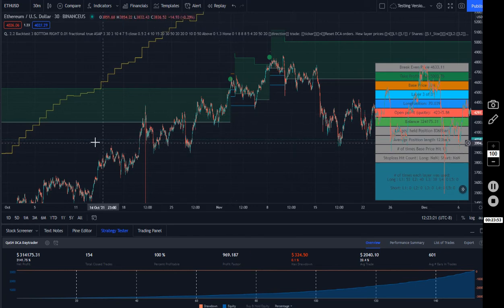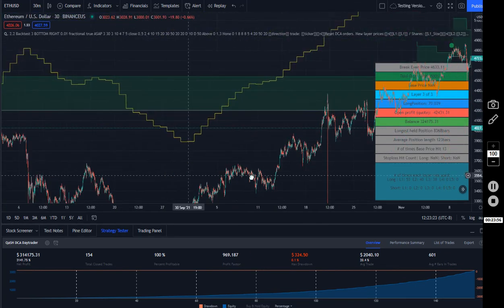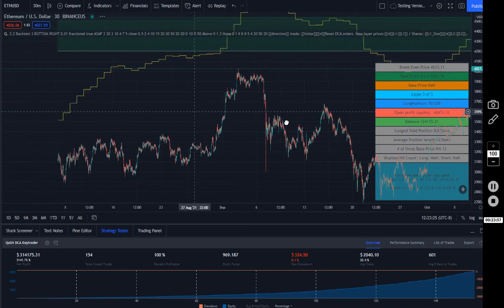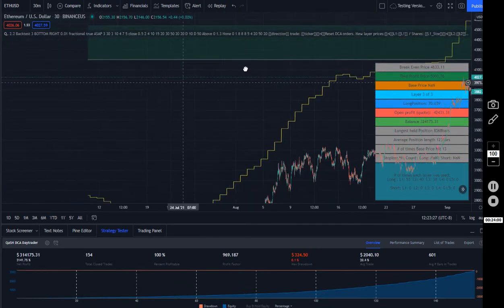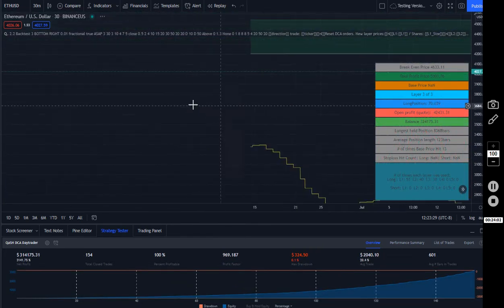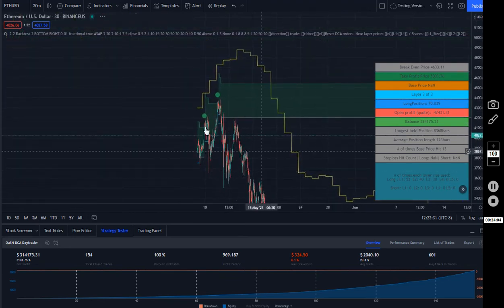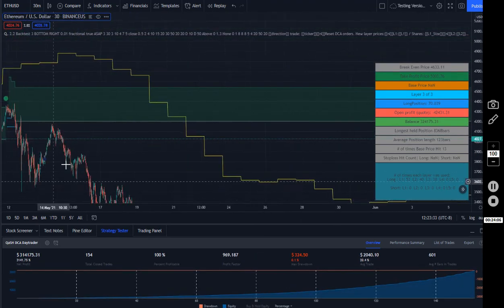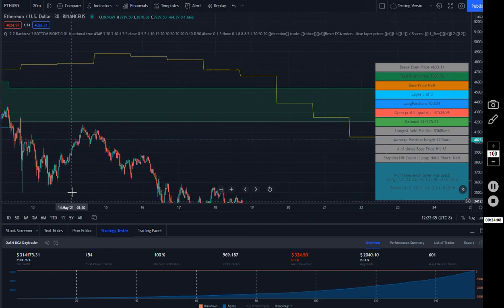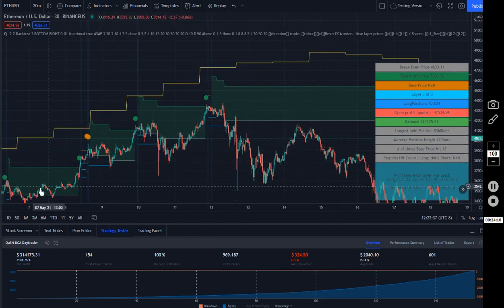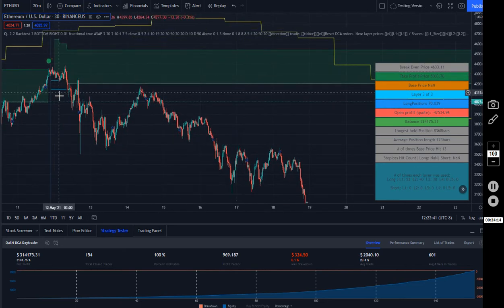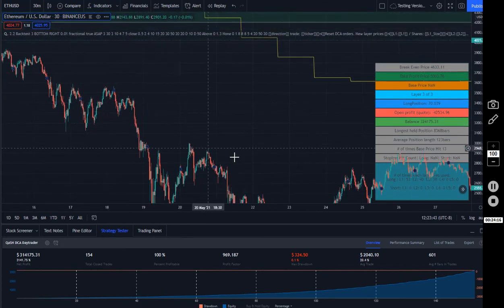Okay, I don't know if I said this already, but one thing to keep in mind when you're not using a stop loss is that sometimes this will happen, right? Sometimes, especially if you're using really aggressive settings like this, you'll hit the top, and then price will go down, and it will never return.